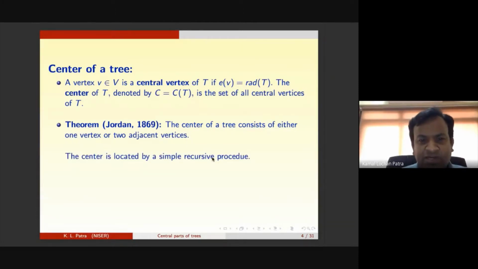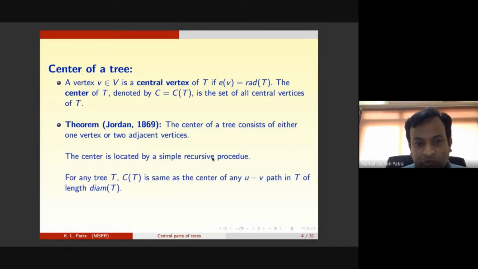So the center one can find in that way, but there is also an easier way: in a tree, you find a longest path. The length of the longest path is the diameter. The center of that longest path is basically the center of that tree. So we'll see some examples where the center and the relations are defined.